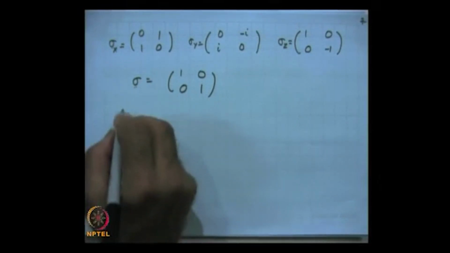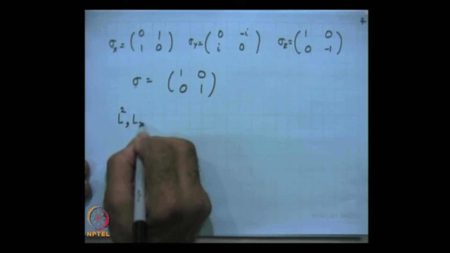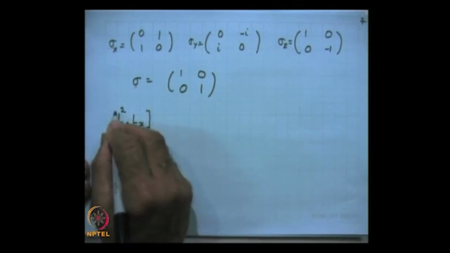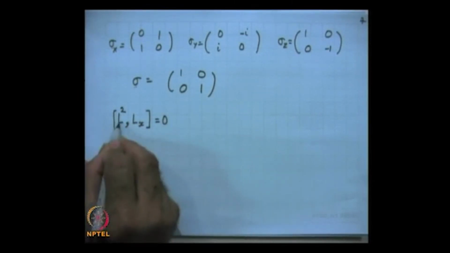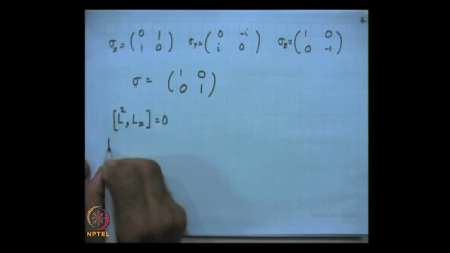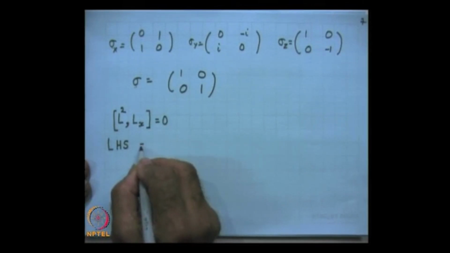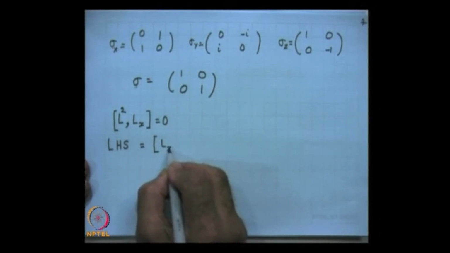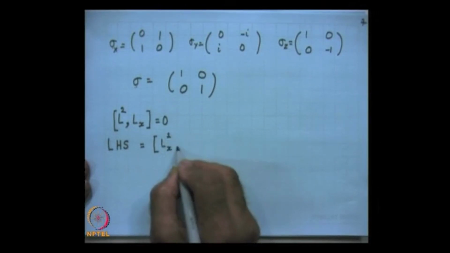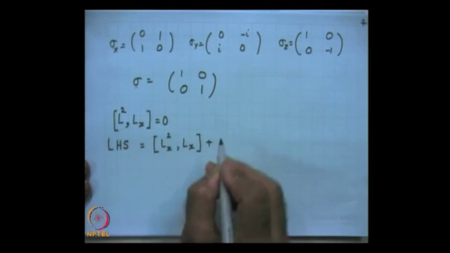So, let me try to show that L square commutes with Lx. I will show that this is equal to 0. Now, let me consider the left hand side. L square is equal to Lx square plus Ly square plus Lz square.